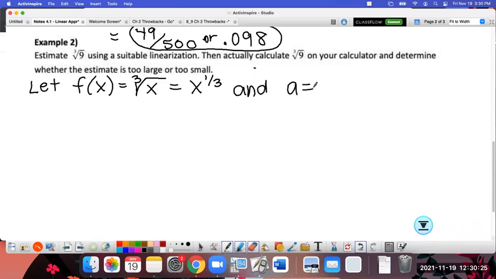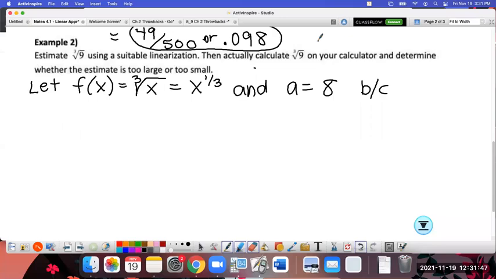And what would be a good a value? What's a good number that's close to 9? Because remember, I don't want that change in x values to be big, and it should still get plugged into the cubic root nicely. You thinking the same number that I am? 8? Yeah, 8. And you don't need to write a reason up every single time that you do this, but because these are your notes and you might want to know later on why in the world did I choose 8, I'm going to write a reason now.